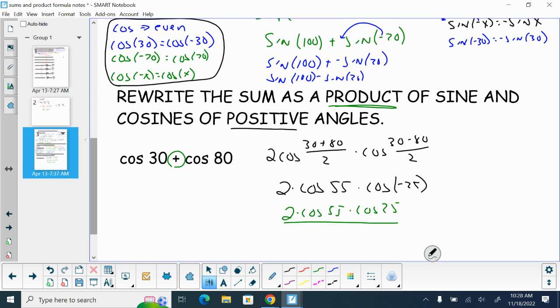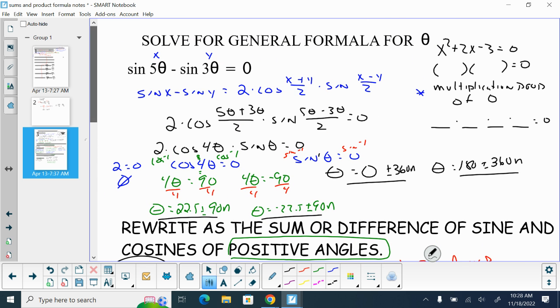Problems 13 to 24 are these problems here. And then problem number 27 is this problem here. You can stop at 27.